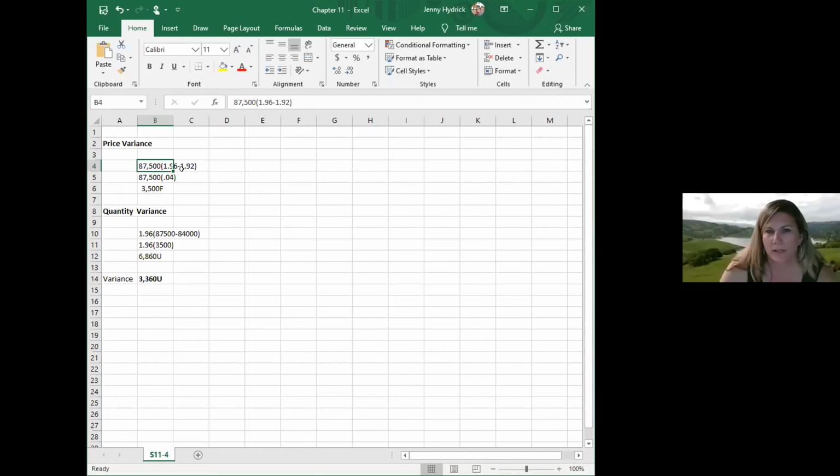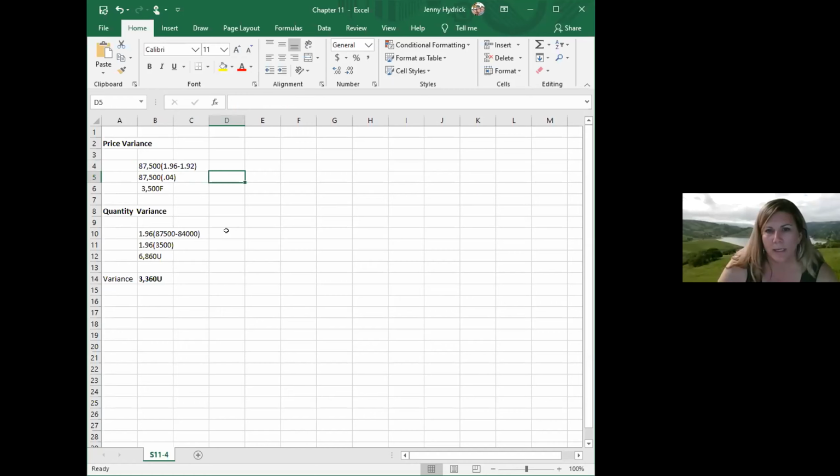I got the $1.92 by dividing the total cost, which was 168,000, by the amount of pounds, which was 87,500. So it's a 4-cent difference, and you multiply that by the amount of pounds, which gave you a favorable $3,500 variance for price.